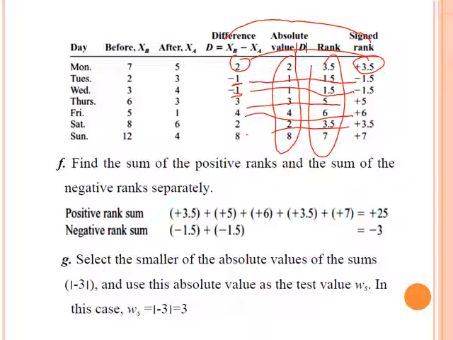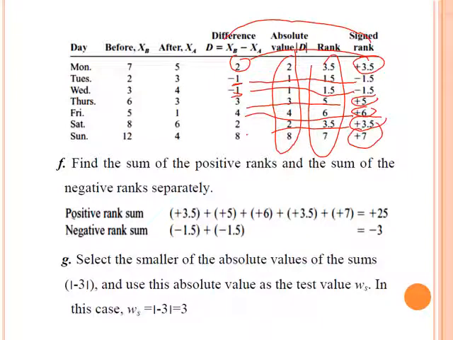Step F: find the sum of the positive ranks only. Please concentrate. Find the sum of the positive ranks. So we have plus 3.5, plus 5, plus 6, 3.5, and finally 7.